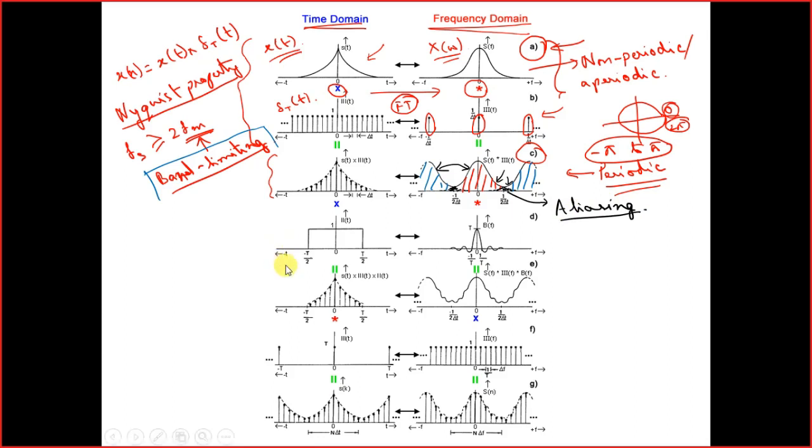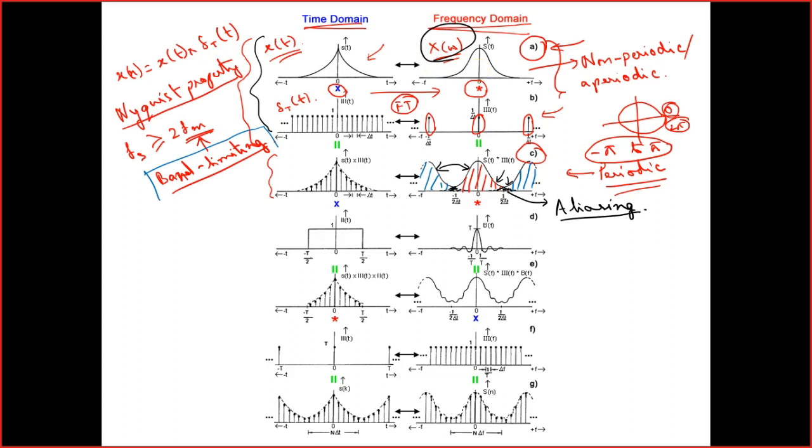Now you have to remember what we have talked about. When we sample in the time domain, we band limit the signal in the frequency domain.